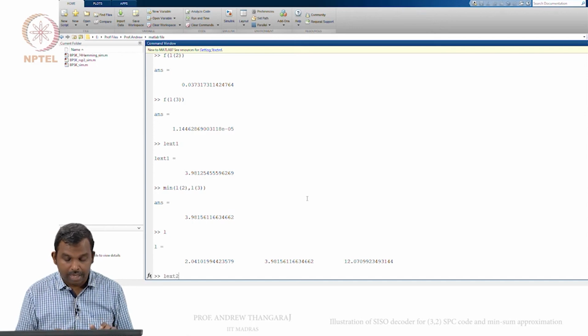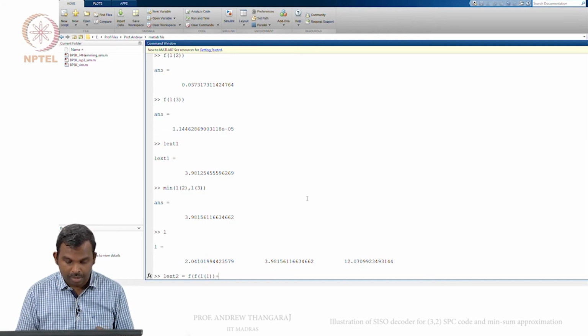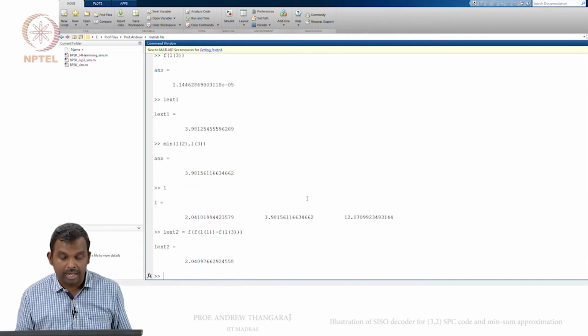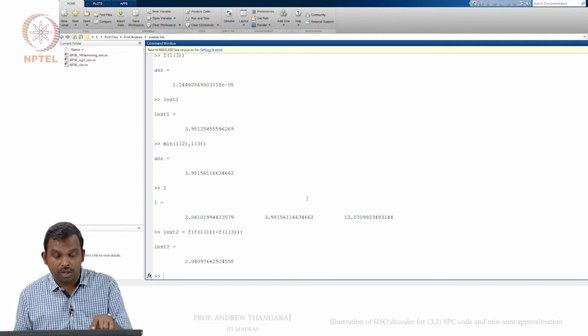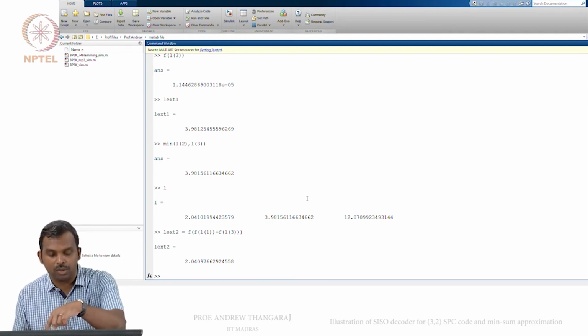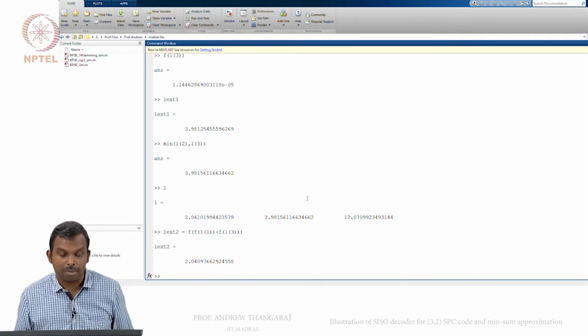So, if you want to compute Lx2 in absolute value, this is simply f of L of 1 plus f of L of 3, isn't it? This is the formula we saw before, and once again this you can see is very close to the minimum value. It is 2.04 and then 12.07. Really that f of L of 3 does not contribute anything, it goes to 10 power minus 3.